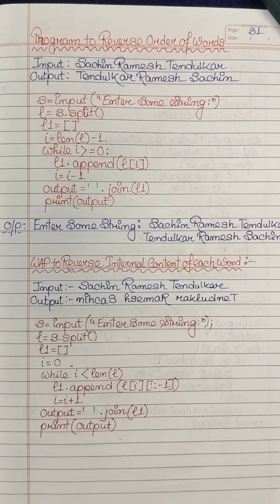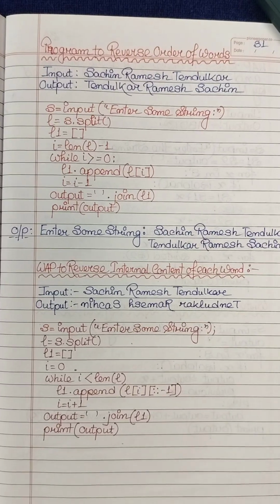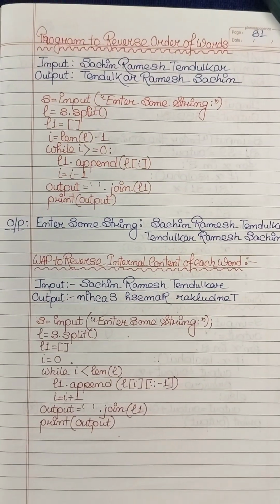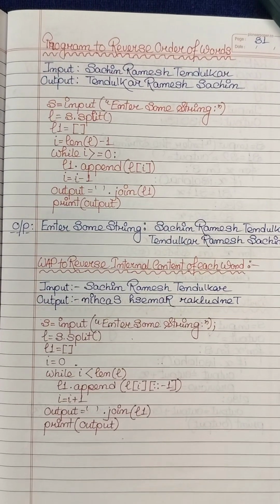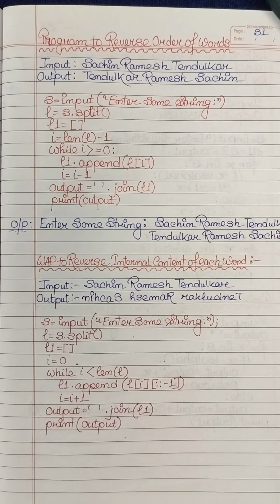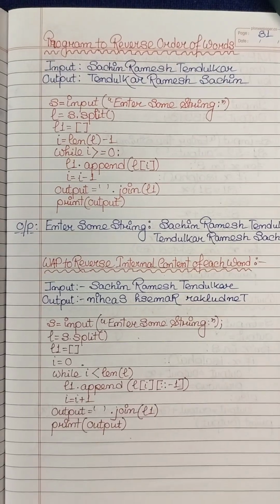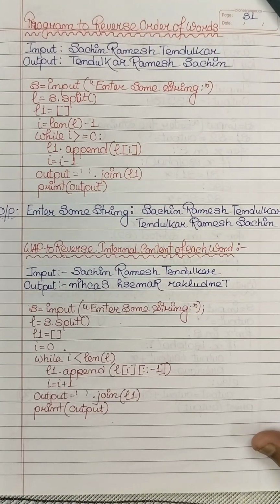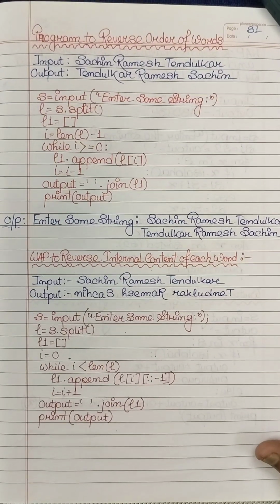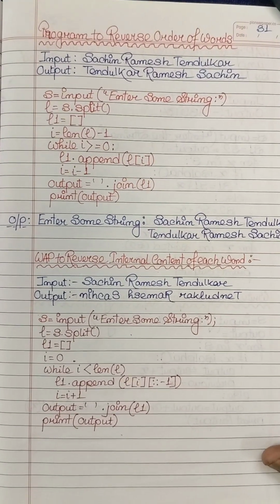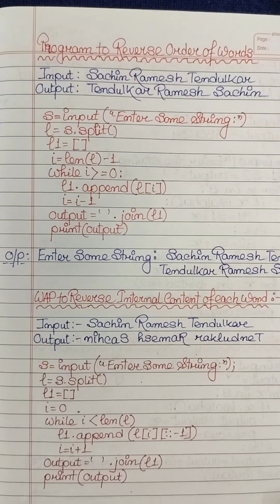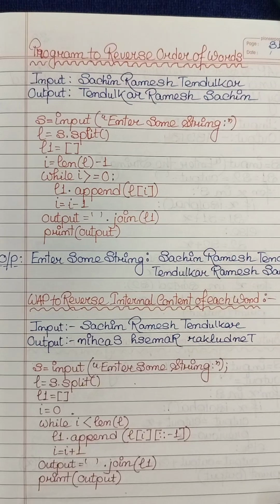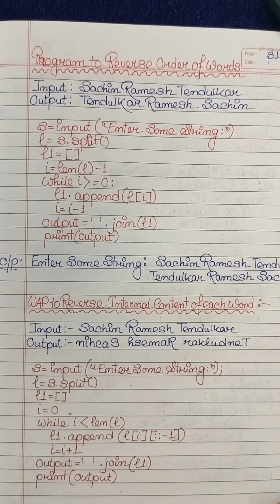In the previous video, I discussed the format of string and gave examples of various formats of string. In this video, we are going to perform some Python programs, such as a program to reverse the order of words.